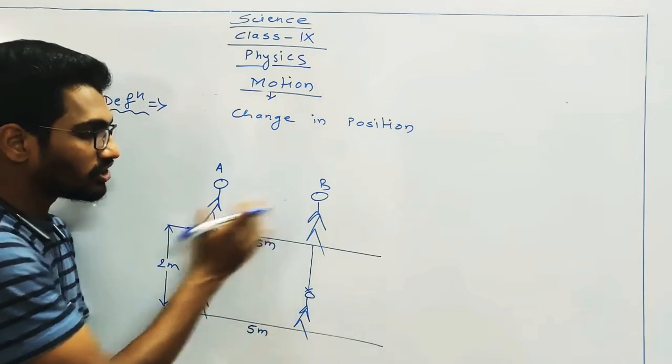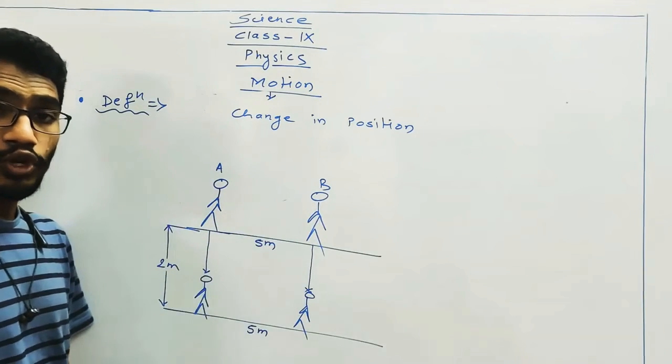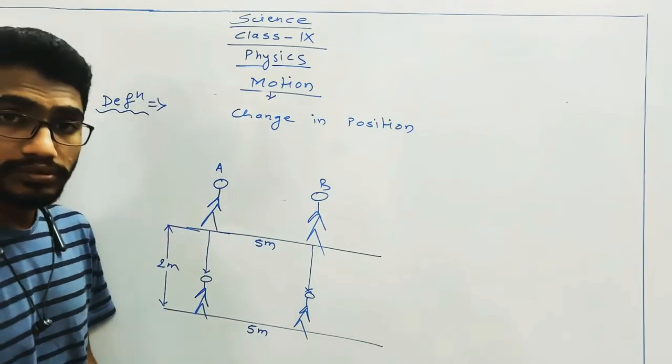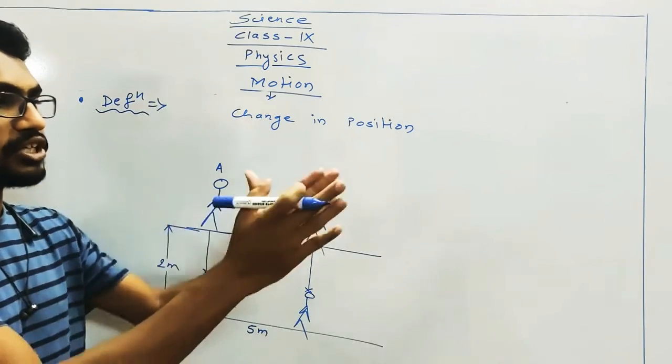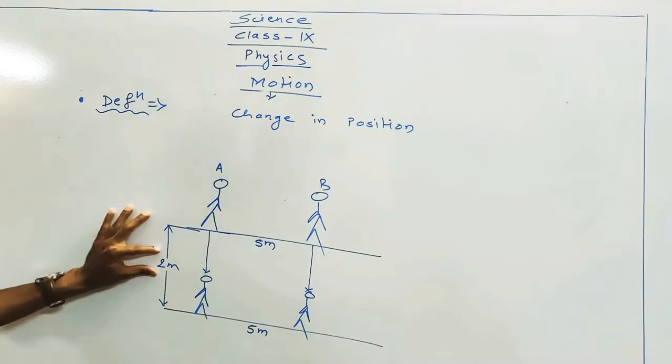At initial position, the distance between person A and person B is of 5 meters. Both start their motion and travel the same distance in the same straight line direction, and that distance is of 2 meters.